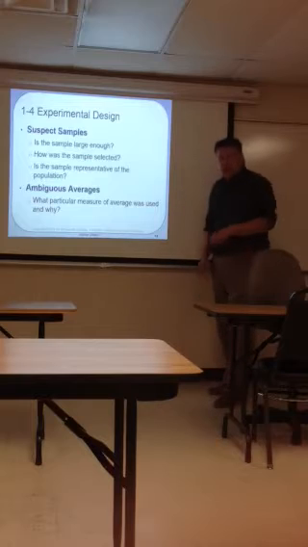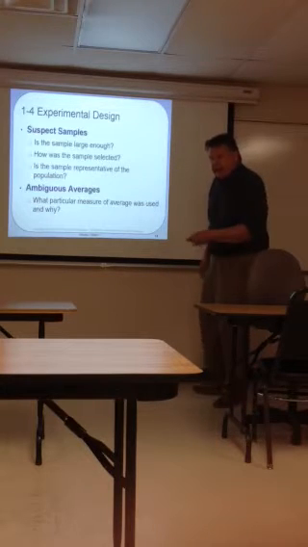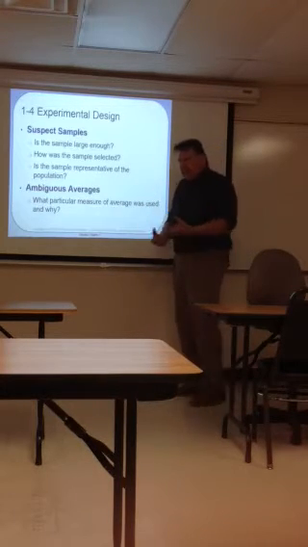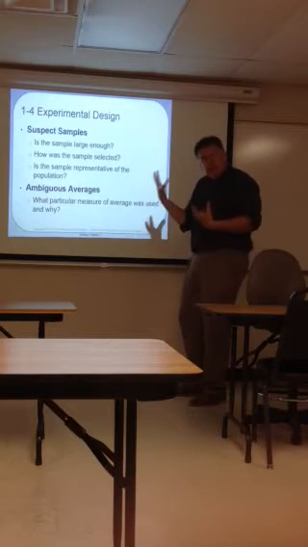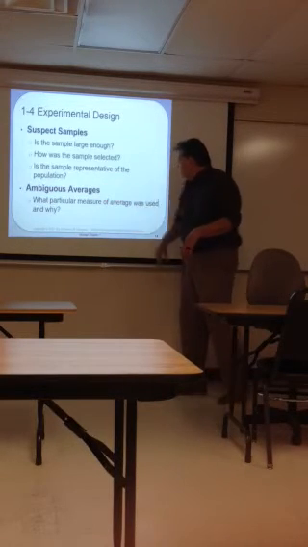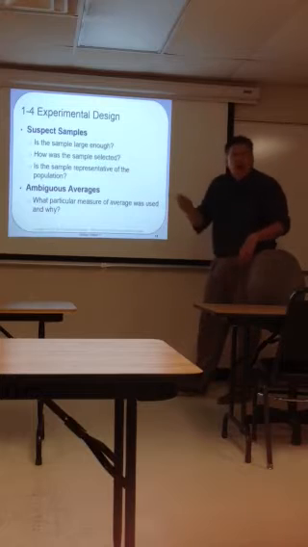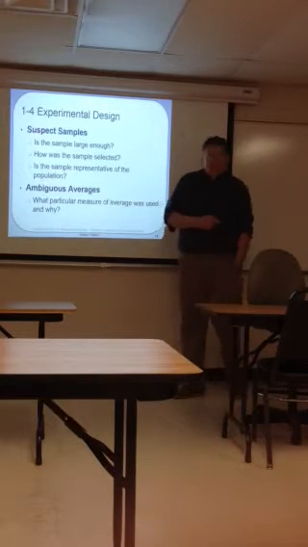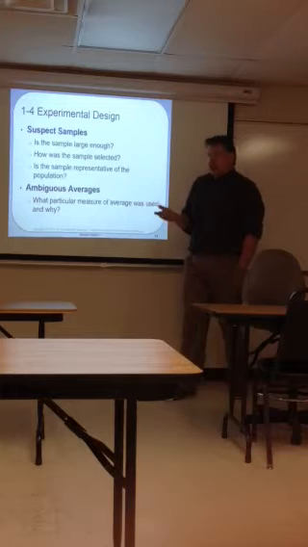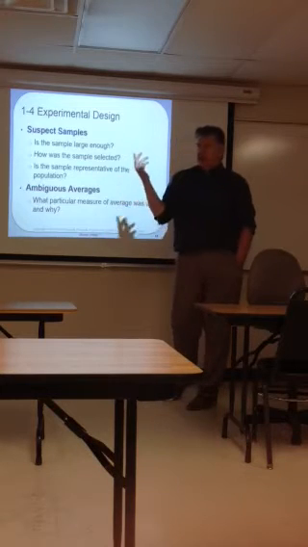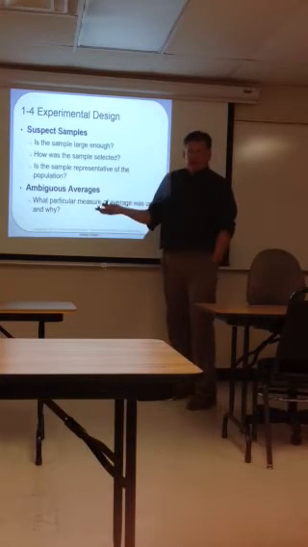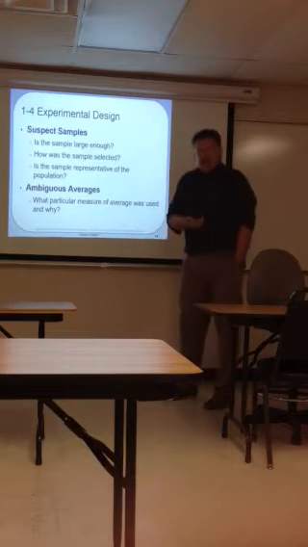And then we've got ambiguous averages. Ambiguous is just a fancy word for not clearly defined, so it's not crystal clear, it's not concrete, it's kind of wishy-washy. What particular measure of an average was used and why? So if I say that the average income for Okmulgee is about $60,000 per household, that would be pretty accurate, I think.